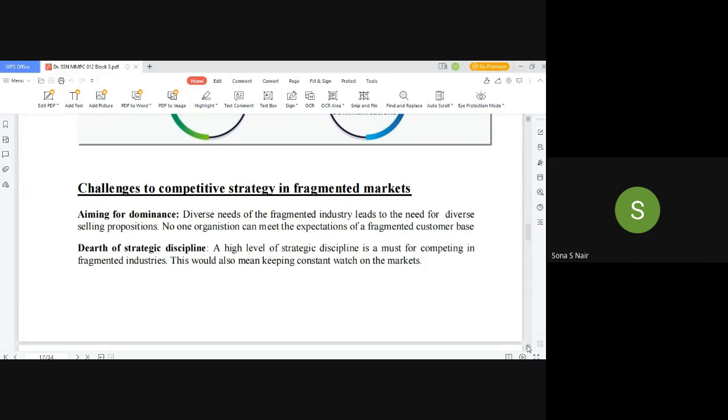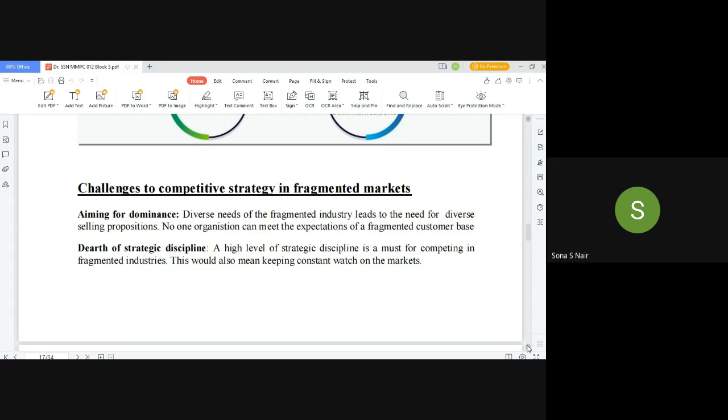Dearth of strategic discipline. Now, if there is a huge number of firms in a particular market, and there is no big player, and the stakes are not that high, then obviously every firm will use their own methods to achieve their sales.